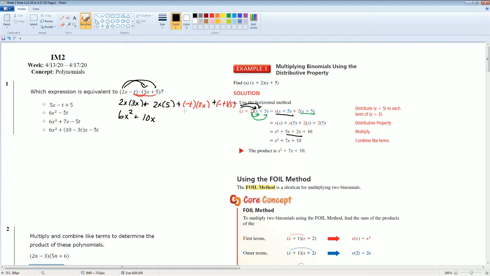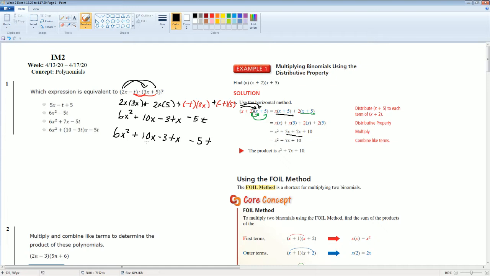This is negative t times 3x, so that's negative 3tx. Then you have plus negative, because this is a negative, t5, so that's 5t. Okay, all right. So it should look something like this: 6x squared plus 10x minus 3tx minus 5t.